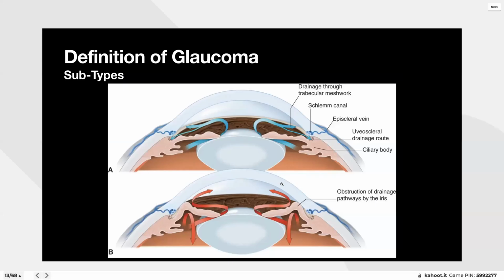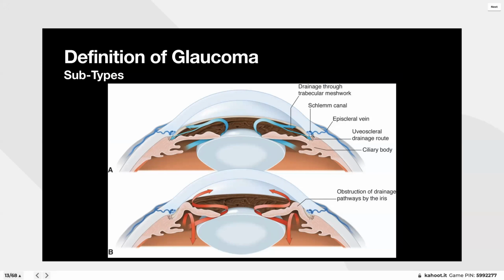Now, in glaucoma, we talk about two subtypes. There are two major types of glaucoma that we really need to keep into account. The first type is called open angle glaucoma. It means that fluid is produced in the ciliary body, travels in front of the lens and above the iris, and drains into the angle, or the trabecular meshwork, which acts as the sieve, the angle where the fluid is drained.